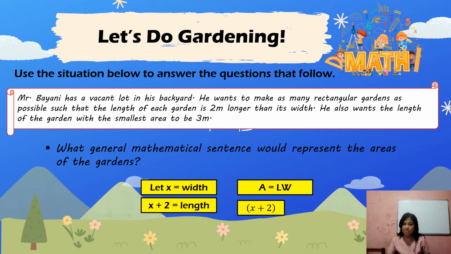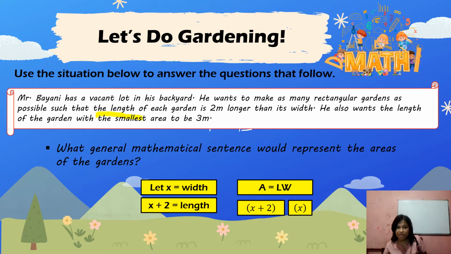However, you cannot use the equal sign here. Why? Because of this statement, with the smallest area.